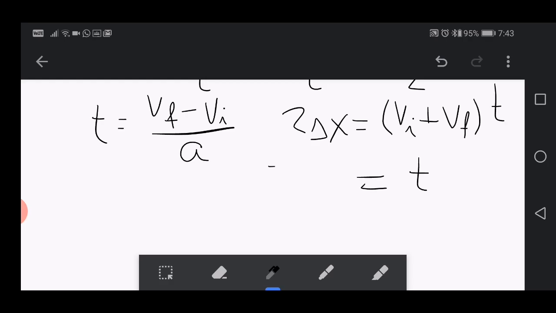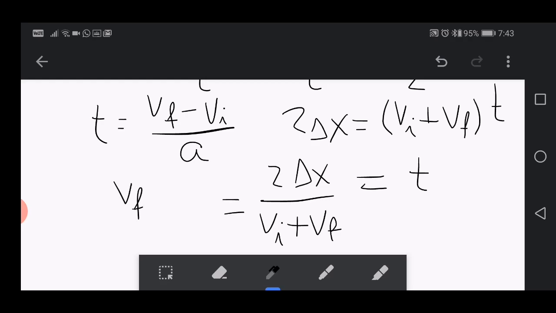So the time is actually equal to 2 times the displacement divided by initial velocity plus final velocity, and that is also equal to final velocity minus initial velocity over acceleration.